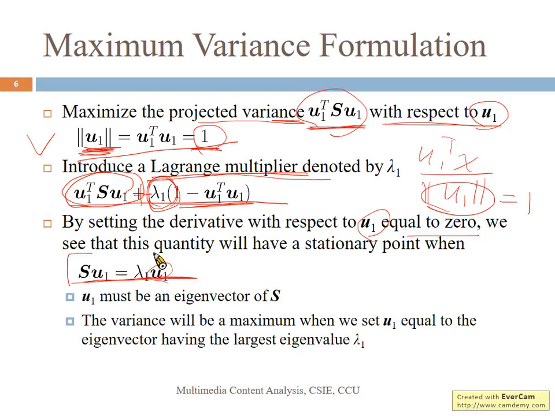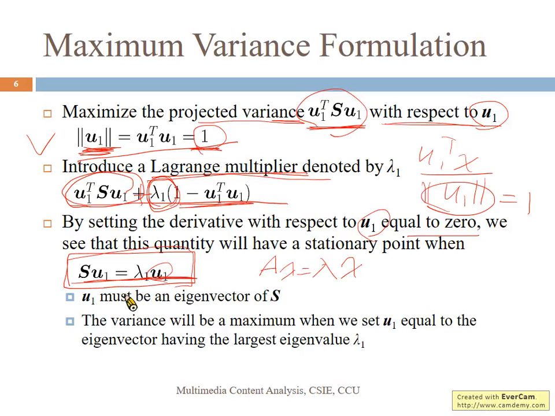This is a form we should be very familiar with, because this is the eigenvalue and eigenvector form. From linear algebra, we say that AX is equal to lambda X, where lambda is the matrix A's eigenvalue, and X is matrix A's eigenvector.